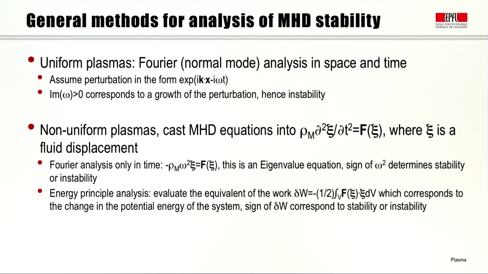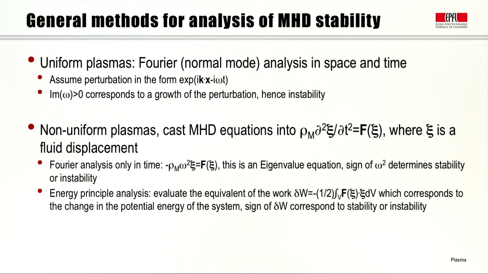For non-uniform plasmas, we can cast the MHD equations into a force balance equation. You have the mass density of the fluid element ρm times d²ψ/dt². ψ is a fluid displacement, and this is equal to a force operator F of ψ that represents the force acting on the fluid element whose mass density is ρm, producing a displacement ψ.